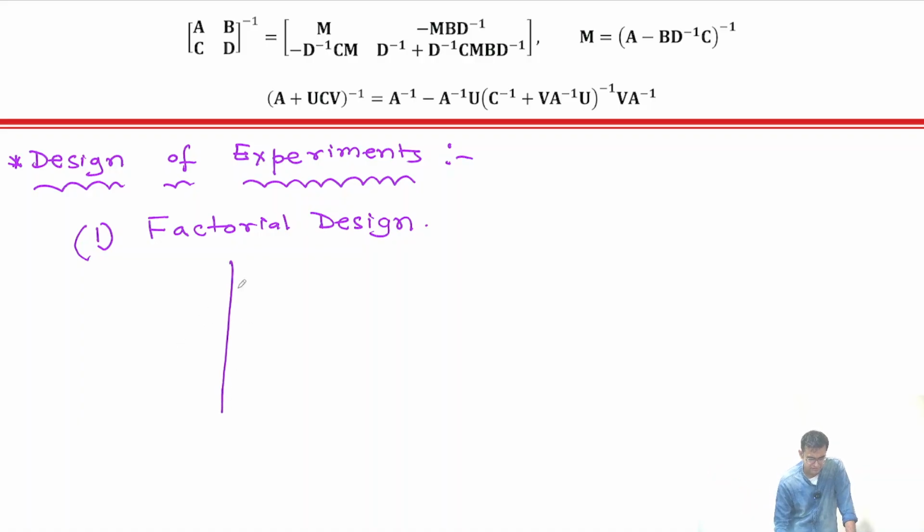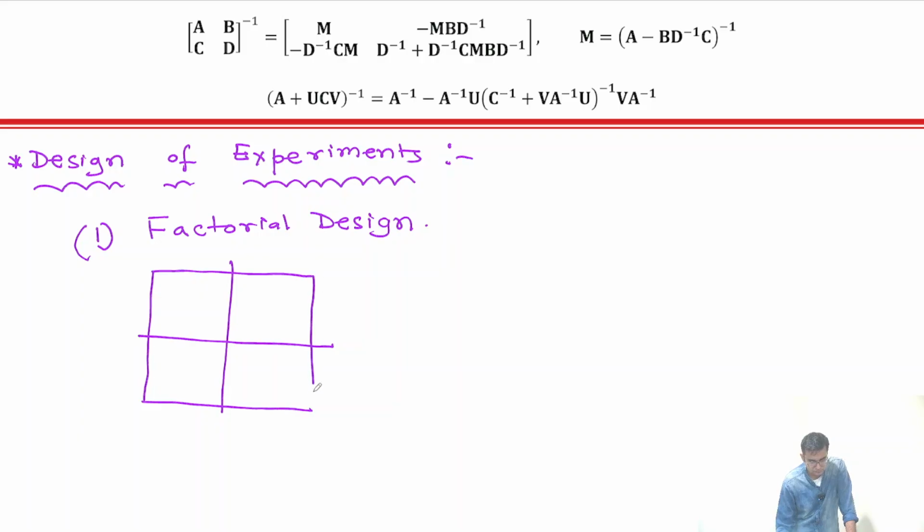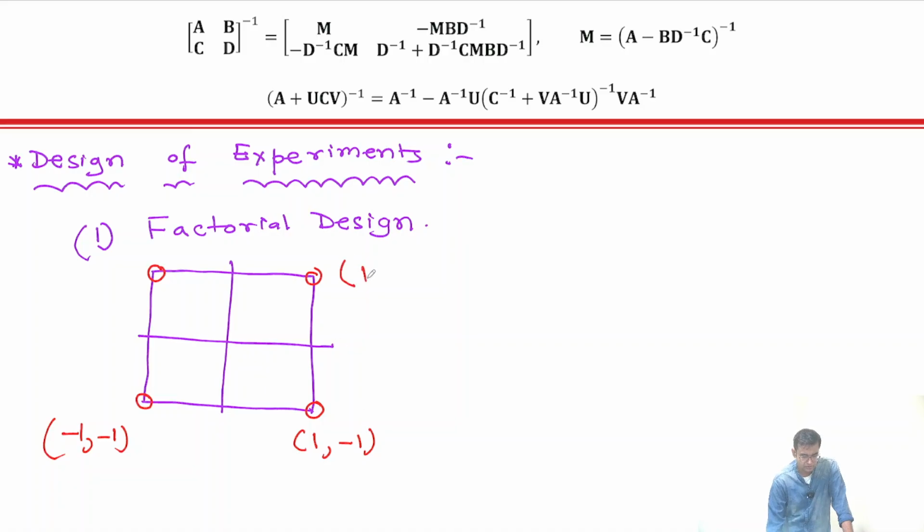So the domain will be a square domain, and my sample points will be 1, 2, 3, 4. That means -1, -1; 1, -1; 1, 1; -1, 1.